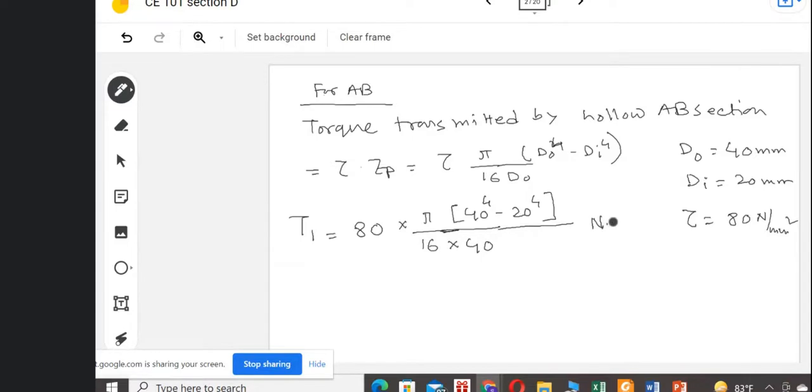This is in Newton millimeter. Millimeter, yes sir, because we have used everything in millimeter. Yes sir. So now, as he correctly said, this is 942500 Newton millimeter.